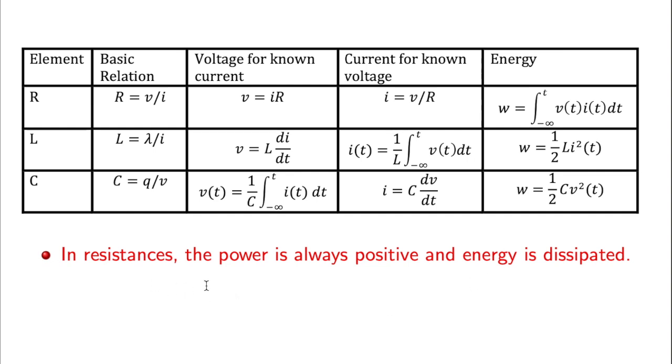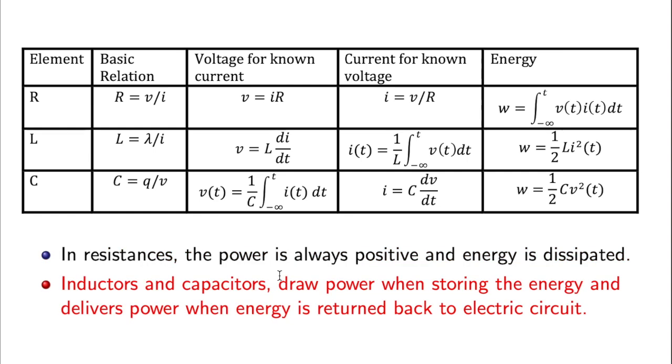So in the resistance, the power is always positive and the energy is dissipated. Inductors and capacitors are the two energy storage elements. They draw power when storing the energy and deliver power back to the electric circuit when energy is returned to the circuit. So this is all regarding the passive elements.